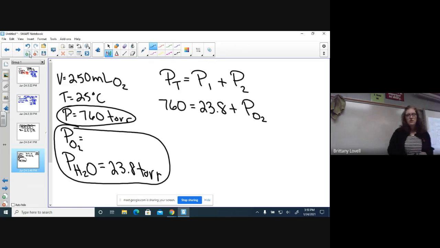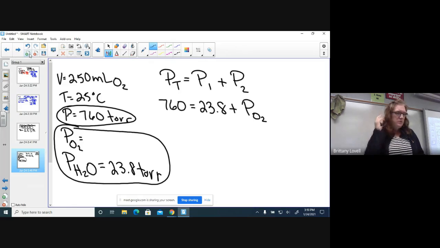So in this particular case, you really do just solve to find the pressure of the oxygen. You're just going to plug in some real simple algebra there and solve to find the pressure of the oxygen gas, okay? So that's number one. Number one really is that simple. Now, the rest of them are not going to be that way, but they're not that much harder.